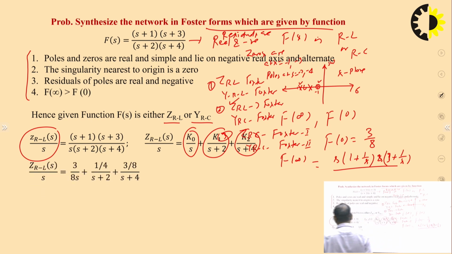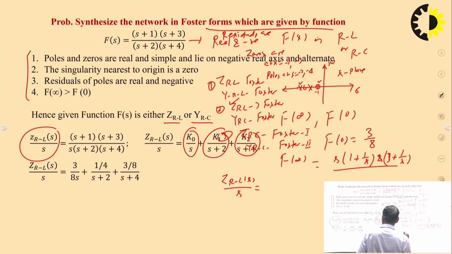So we can get k0 is 3. How we get it is very simple. ZRL upon S is equal to K0 by S, K1 by S plus 2, K2 by S plus 4.